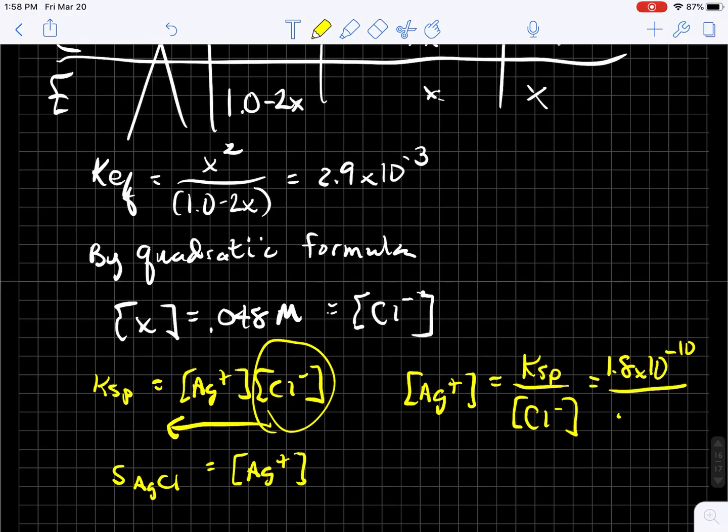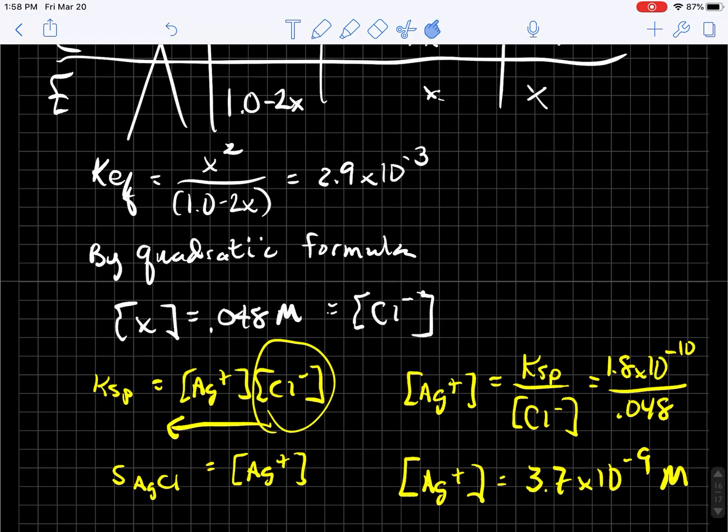And I get that to be equal to KSP divided by chloride. 1.8 times 10 to the minus 10 on the KSP, 0.048 on the chloride. And I get a silver concentration of 1.8 exponential negative 10 divided by 0.048, 3.7 times 10 to the minus 9, 3.8 if you're using the old rounding rule. Molar.